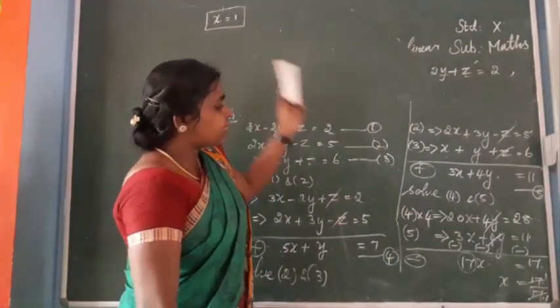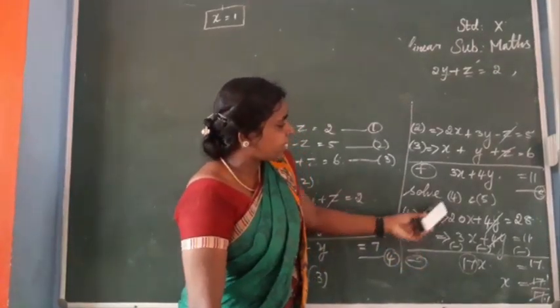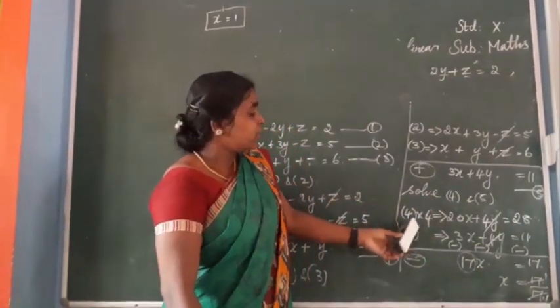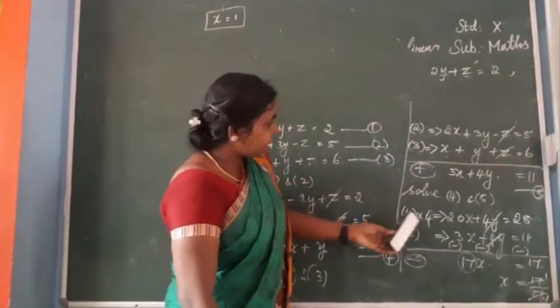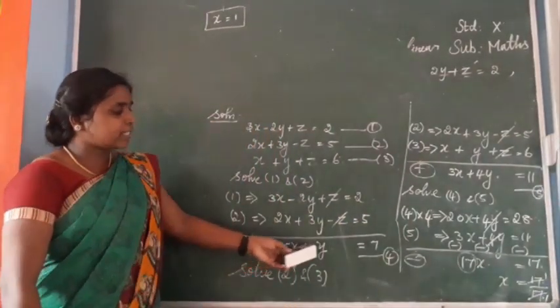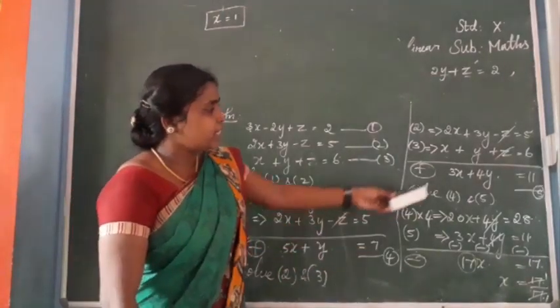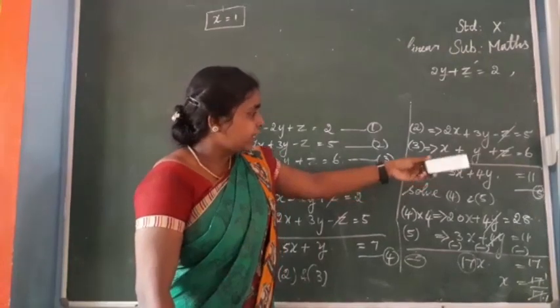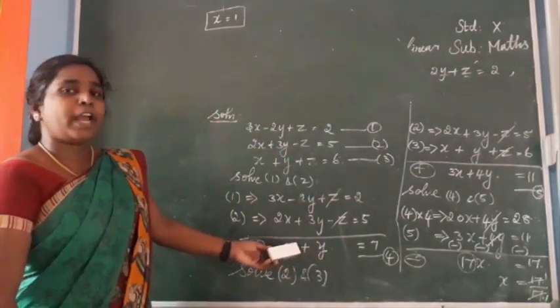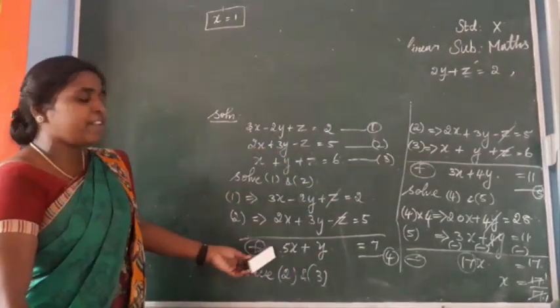For finding the x value, we used equations 4 and 5. So substitute the x value in equation 4 or 5. Equation 4 is 5x plus y equal to 7. Equation 5 is 3x plus 4y equal to 11. Equation 4 is simple, so I am going to substitute the x value in equation 4.